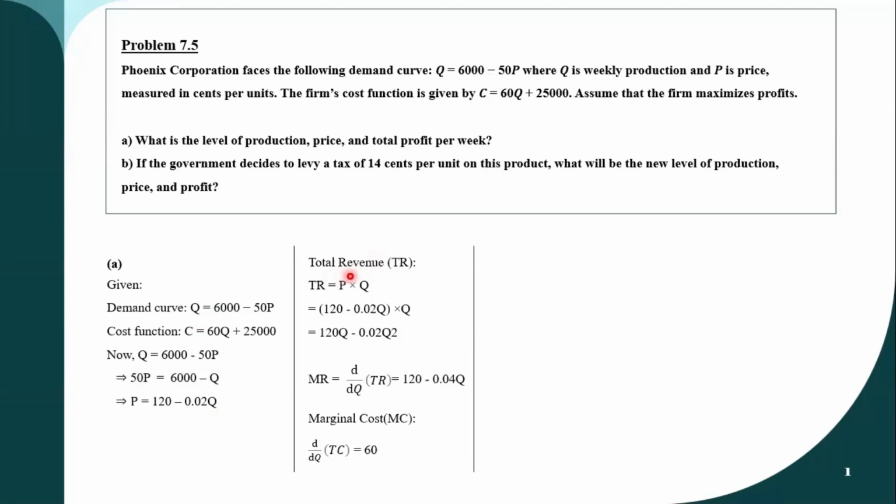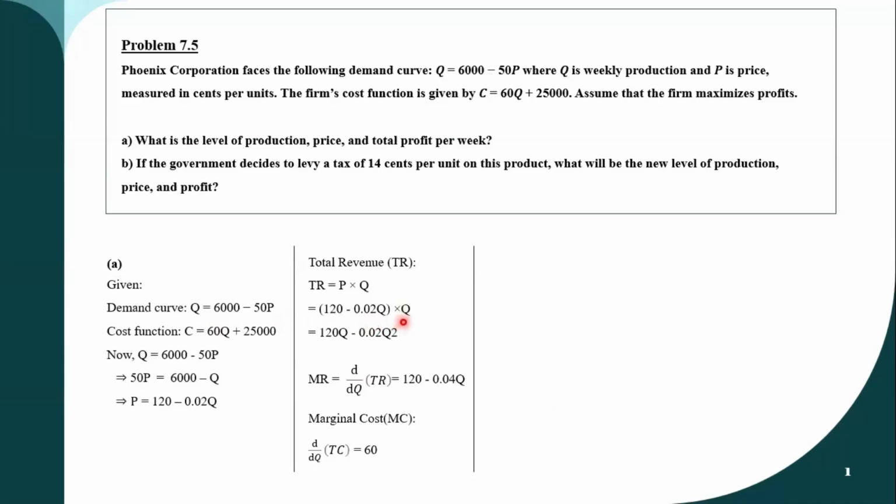And we need to find total revenue, and we know that total revenue means price times quantity, P times Q. From the equation, we have already found that P equals 120 minus 0.02Q. So TR equals P times Q, that means 120 minus 0.02Q times Q. Q will remain the same.